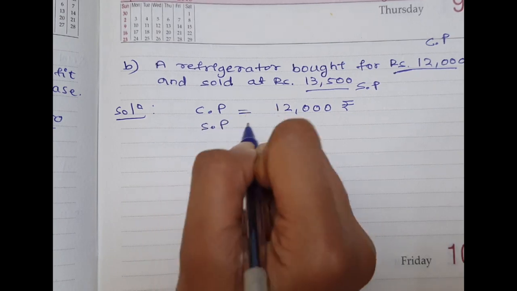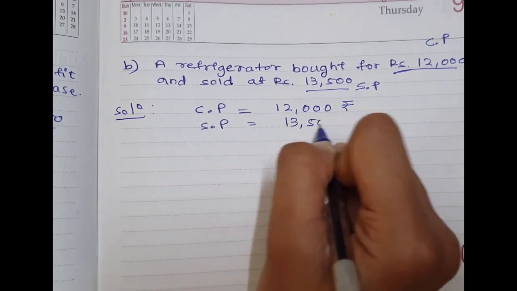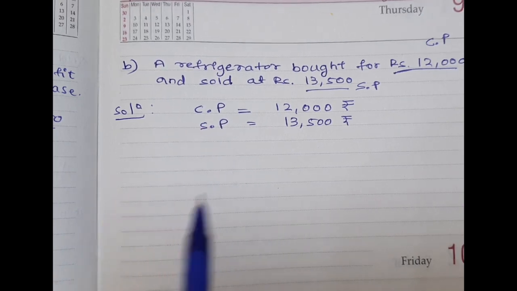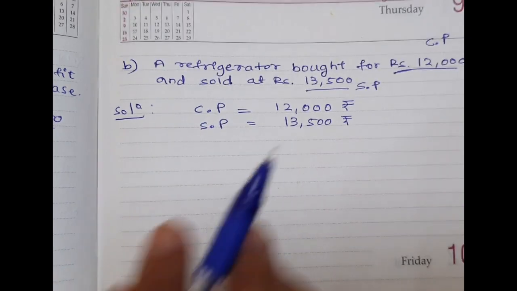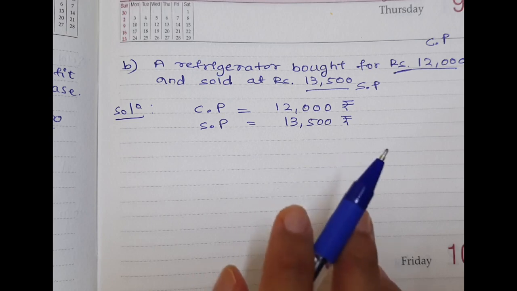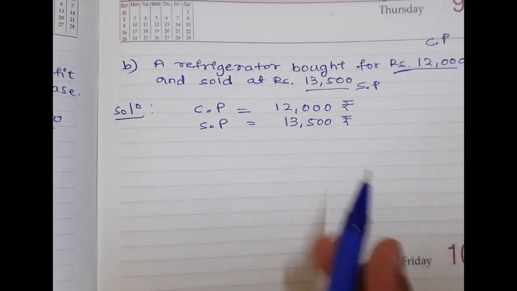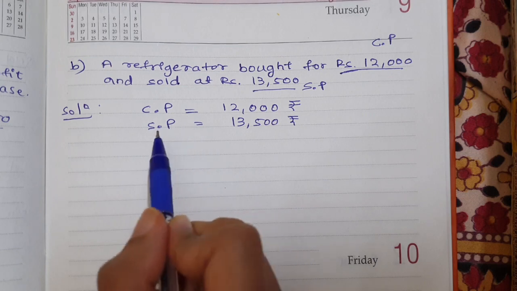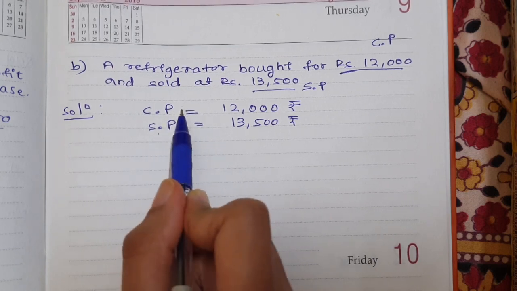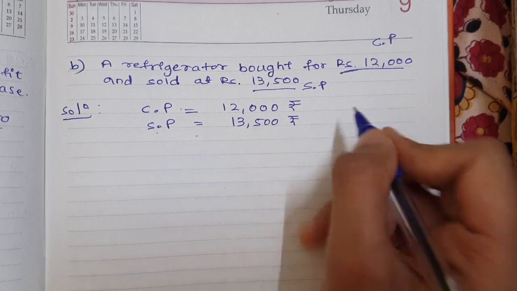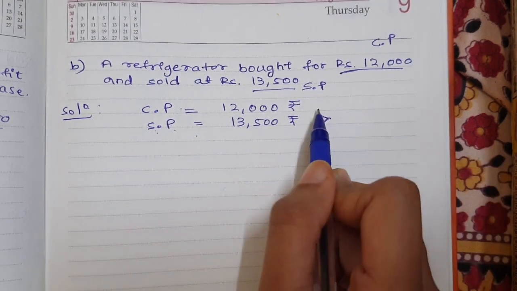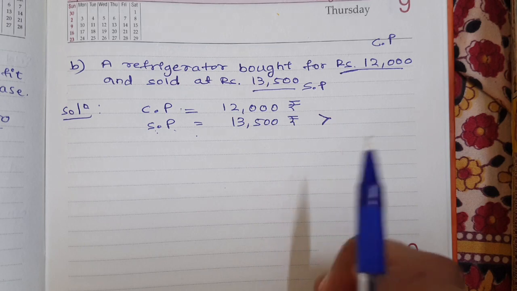Selling price is equal to 13,500 rupees. The second task is to find whether this is a profit or loss. How to identify whether this is a profit or loss? We have to observe which one is greater, whether SP is greater or CP is greater. In this case, SP is greater. SP means selling price. Selling price is greater than the cost price.